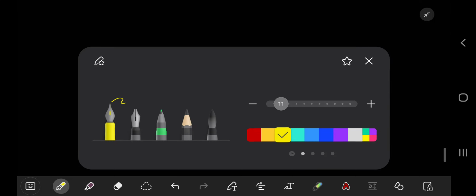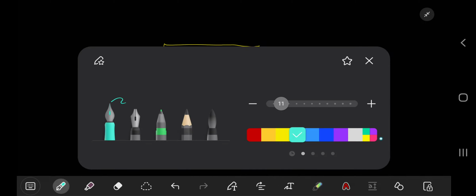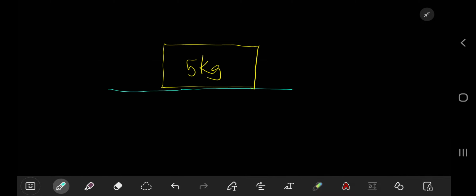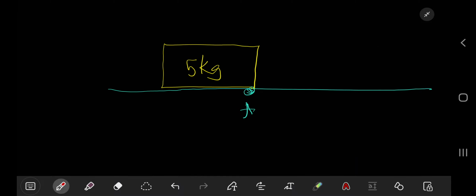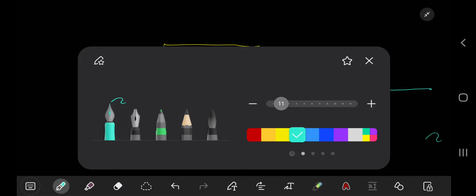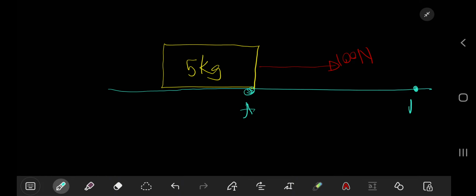With the aid of an example, let's say we have an object of mass 5 kg, resting on a horizontal surface at point A. An applied force of 100 newtons is applied on the object, and that object moves from point A to point B, which is a distance of 5 meters.